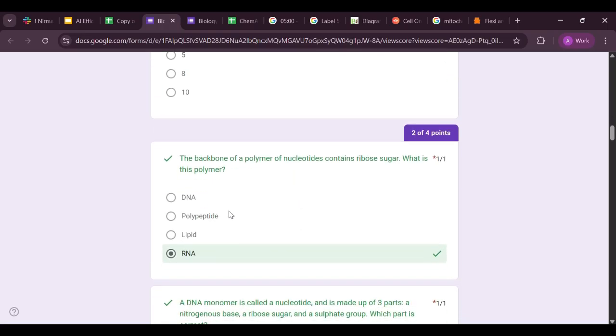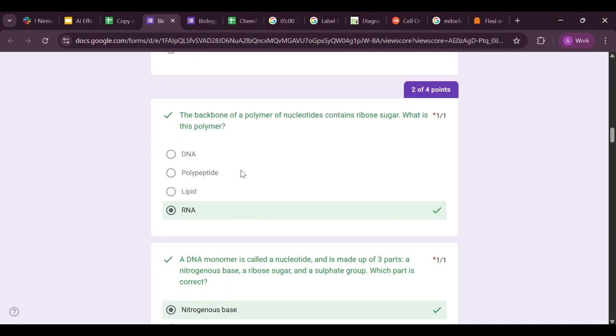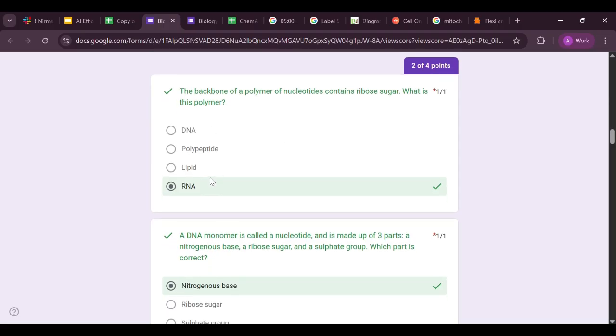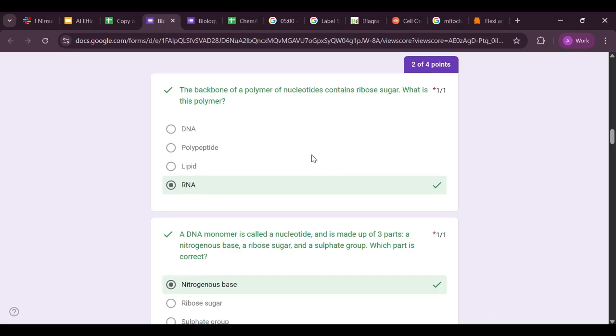So now we come to the next section. The backbone of a polymer of nucleotide contains ribose sugar, which is this polymer, which is correct, as it contains ribose sugars.